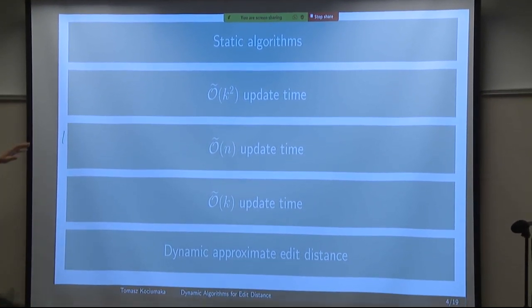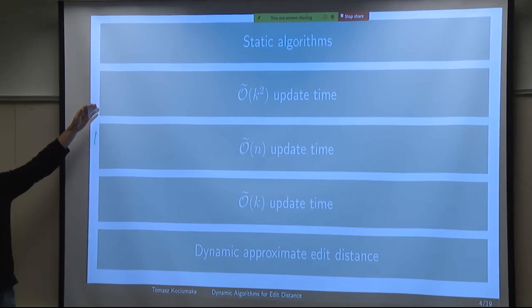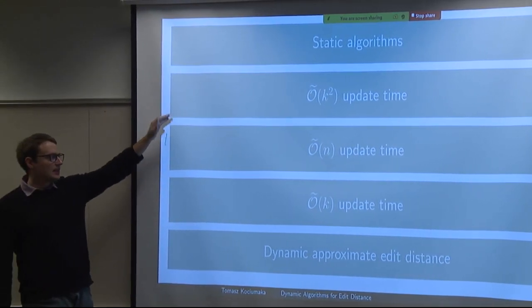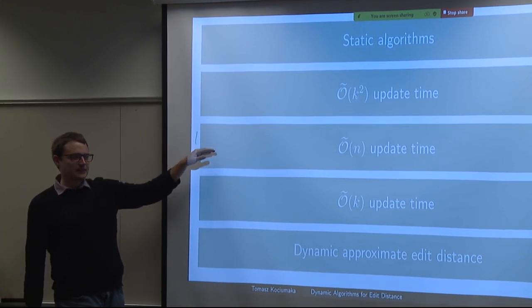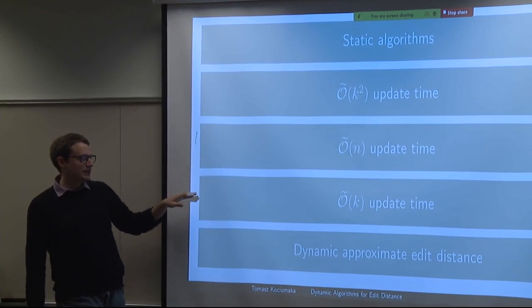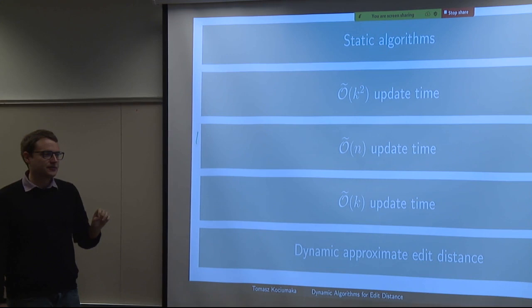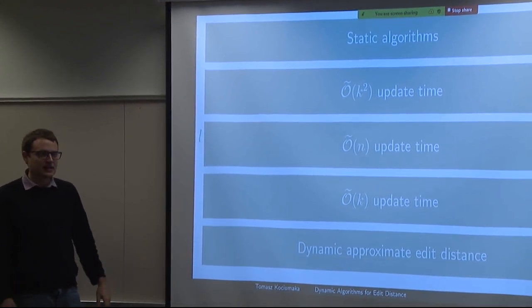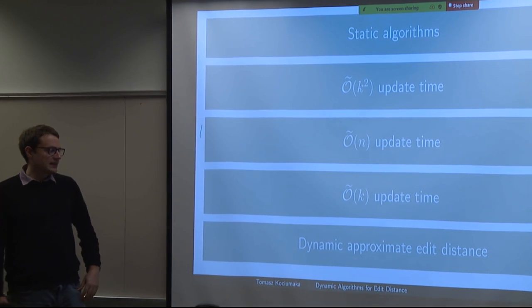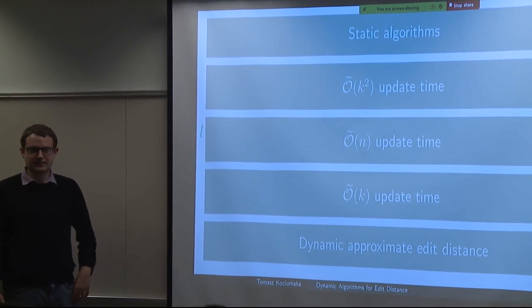Then I will explain this folklore k-squared update time algorithm. And still in the first part of the tutorial, the new linear update time in n. Then in the second part, I will cover the new result with update time k. And also, if time allows, I will say something about dynamically maintaining not the exact, but approximate edit distance.